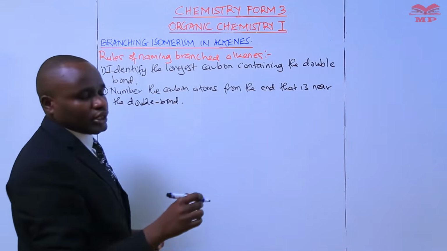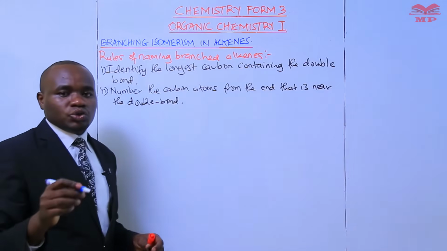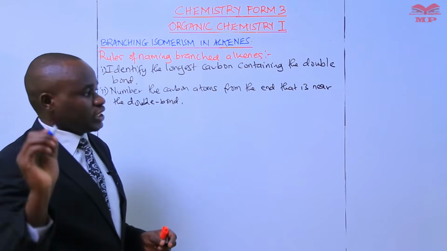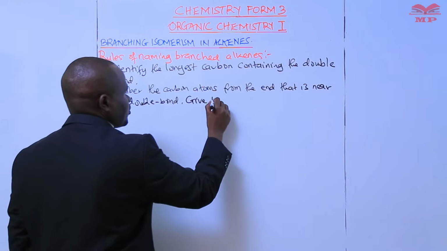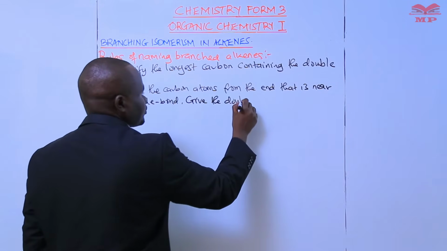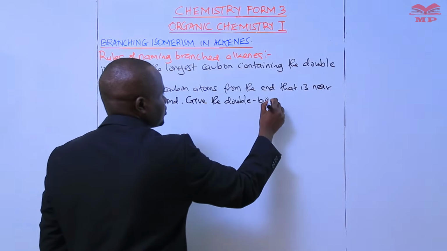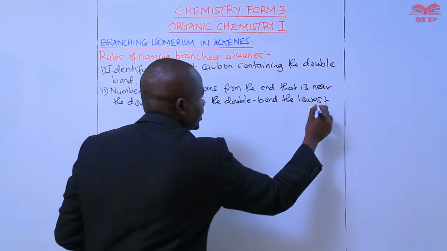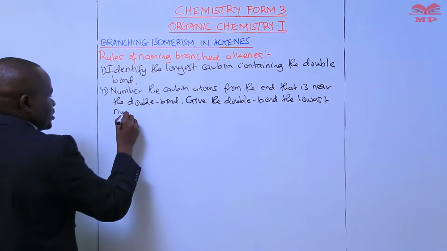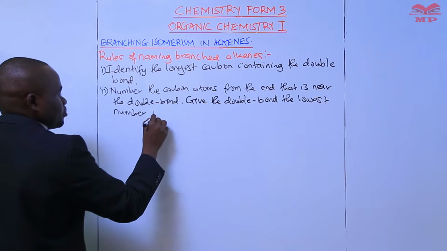And remember, when naming, you should always make sure that you have given the double bond the lowest number possible.